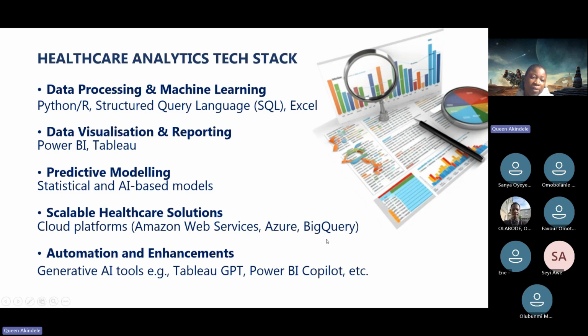And then for predictive modeling, you have statistical and AI-based models. For these statistical models, you have linear regression, logistic regression. There are a lot of models out there, but I'm not going to overwhelm you with that because it's a progressive phase.